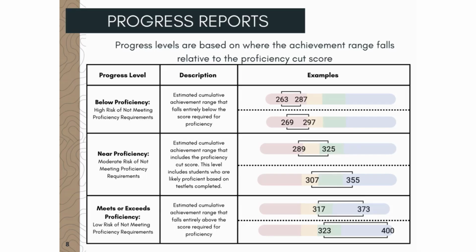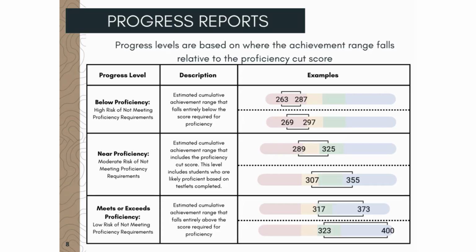Looking at below proficiency, these students are at high risk of not meeting proficiency requirements. When we look at where these students are scoring, their estimated cumulative achievement range falls entirely below the score required for proficiency.